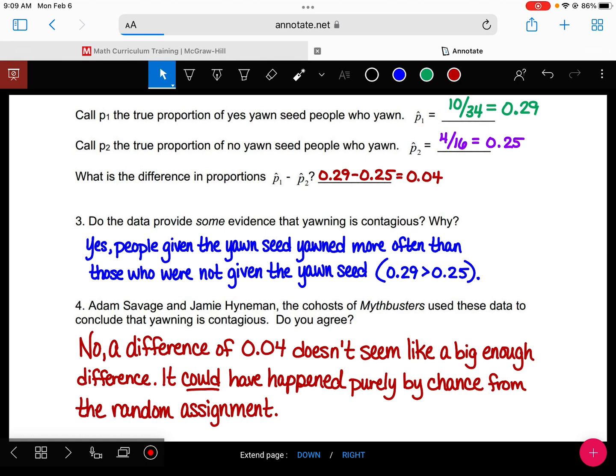How many people total in this experiment ended up yawning? 14 out of 50 people total. So 14 people yawned, and that means how many people didn't end up yawning at all? 36 people didn't yawn at all.